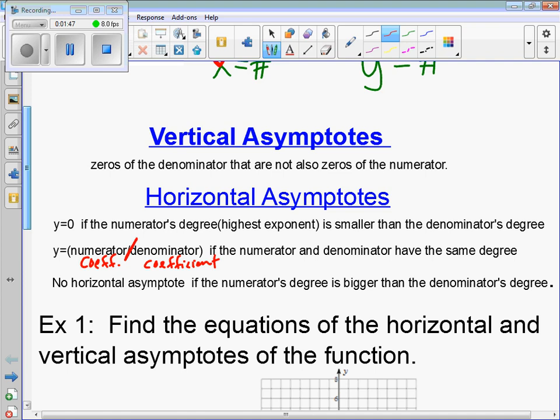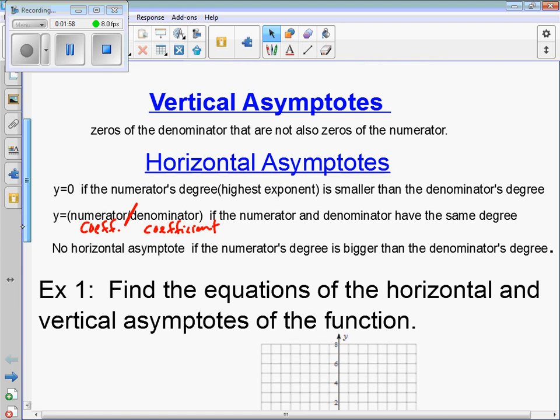So we'll get into problems like that. And if the numerator's degree is bigger than the denominator's degree, then there is no horizontal asymptote in the problem. So let's move on.